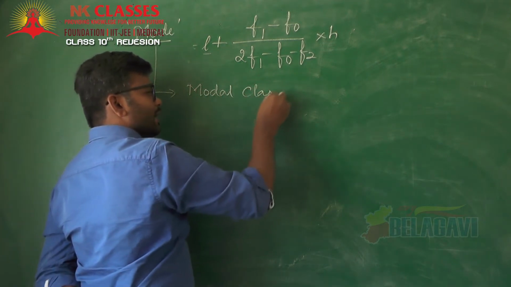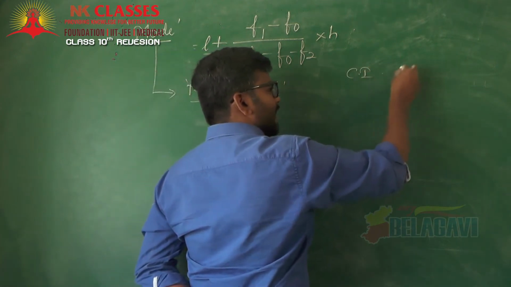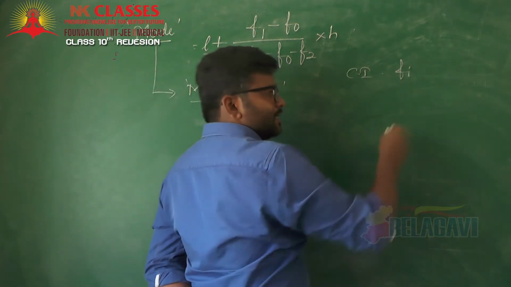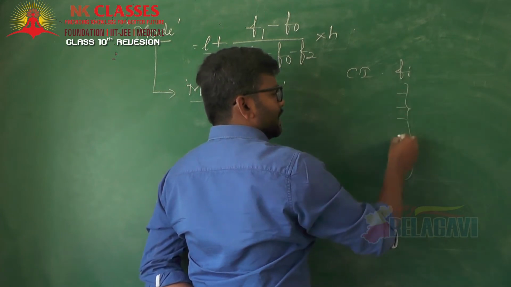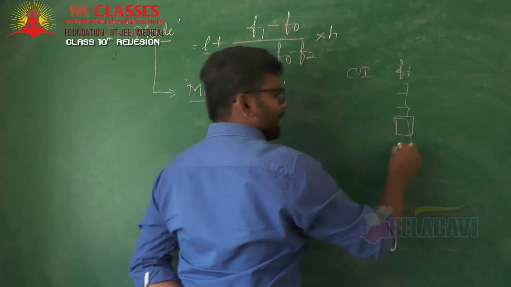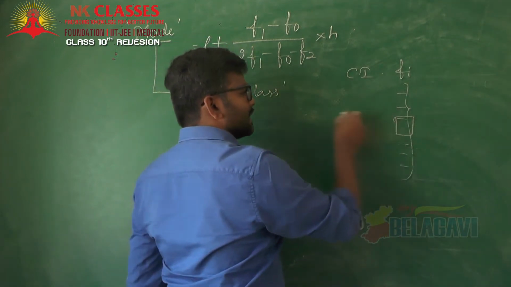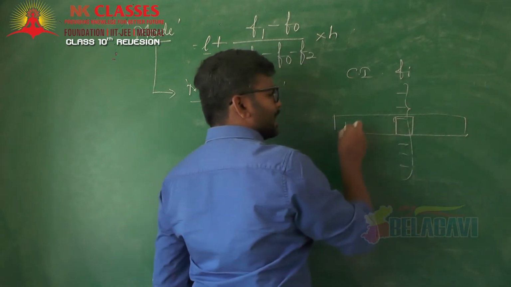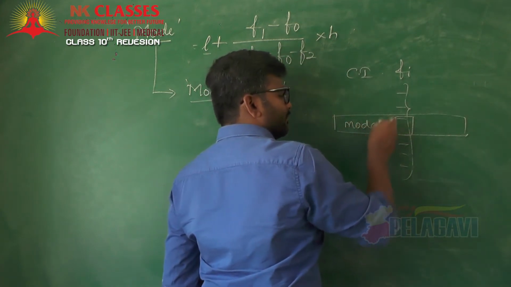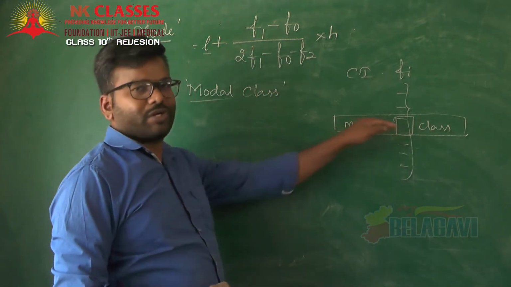What is this modal class? You will be given the class interval as well as the frequency, right? Within this frequency you will find some number which is very high in occurrence. That particular class is considered as the modal class.